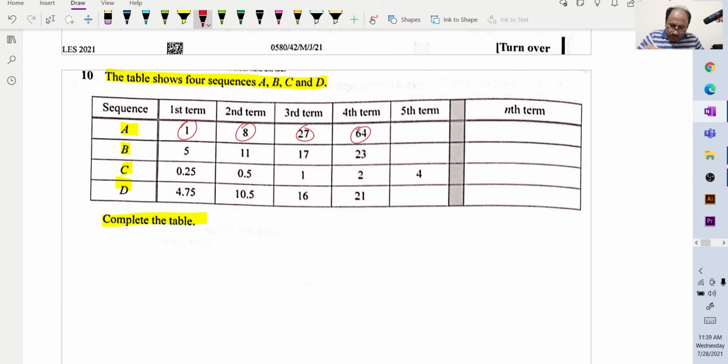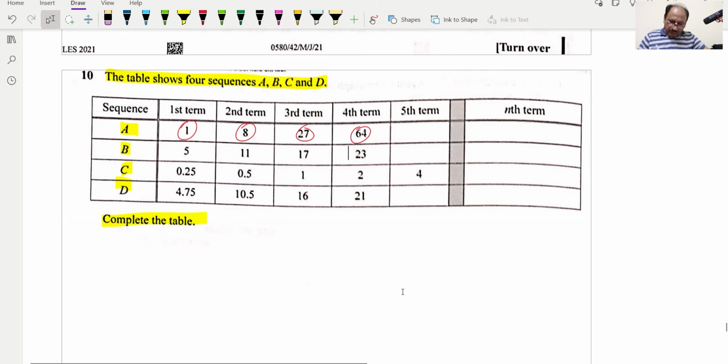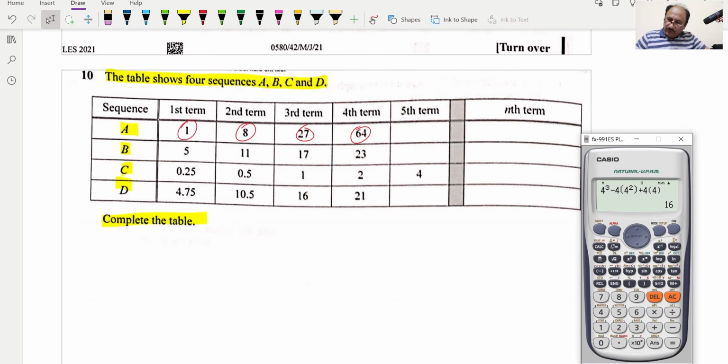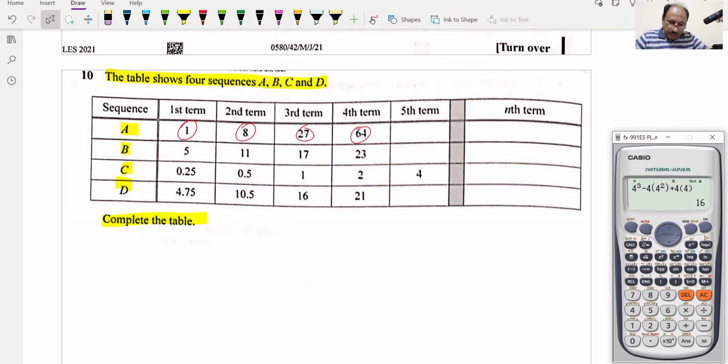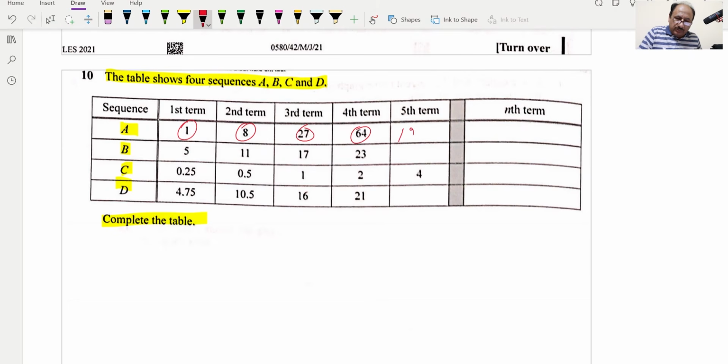This will be 5 cubed, and we can check with the help of a calculator. 5 cubed is equal to 125. So the answer will be 125, and we can write here the nth term will be n cubed.